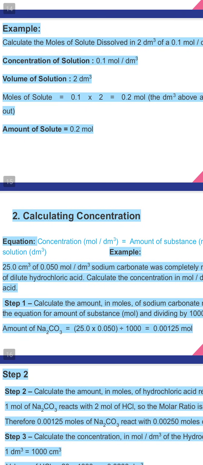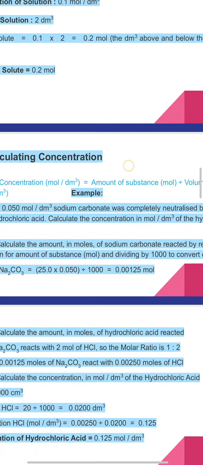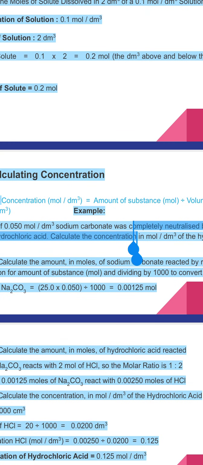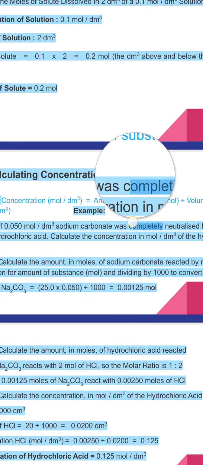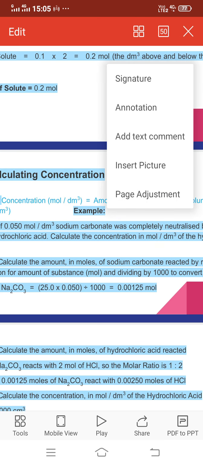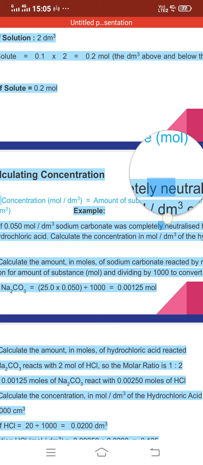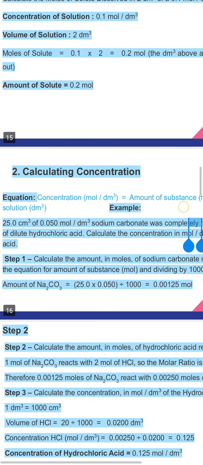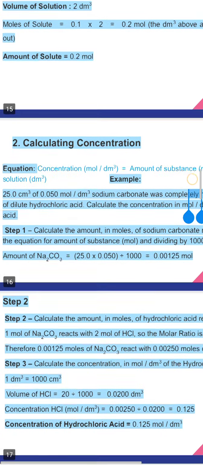Calculating concentration. The equation for the calculation of concentration in mole per decimeter cube is amount of substance in moles divided by volume of solution in decimeter cube.